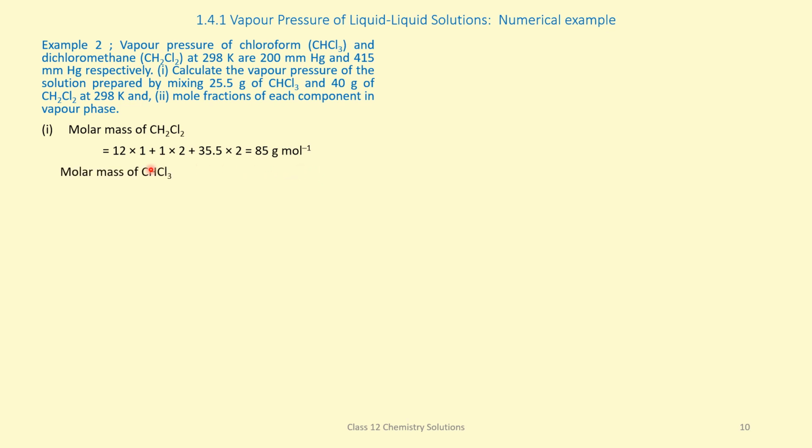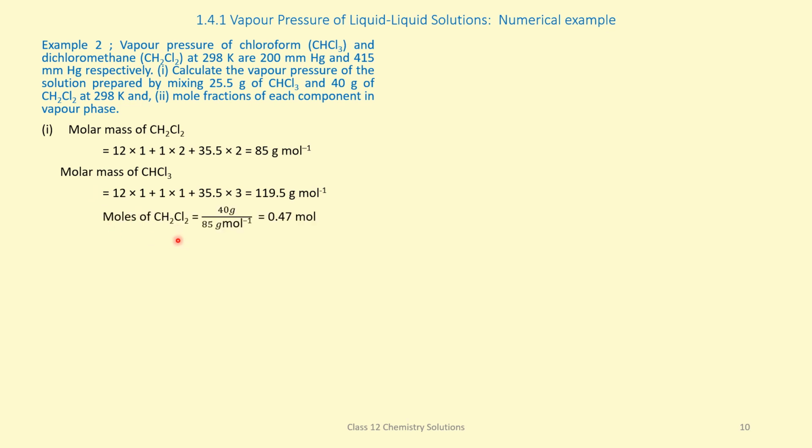Next step, we will calculate the molar mass of the second component, that is CHCl3. That is given by carbon 12 into 1, hydrogen is a single atom, 1 into 1, and chlorine is 35.5 into 3. Simplifying, it comes to 119.5 grams per mole.